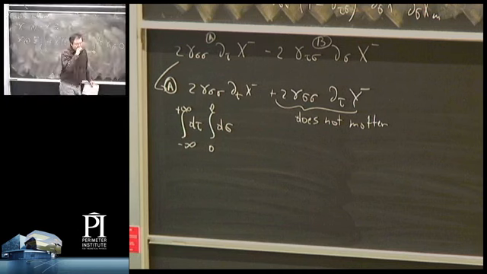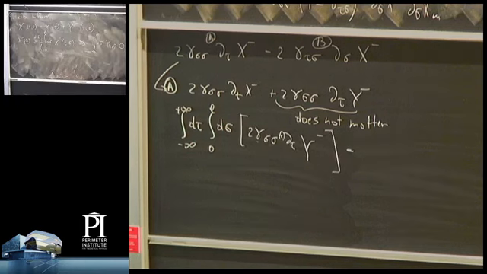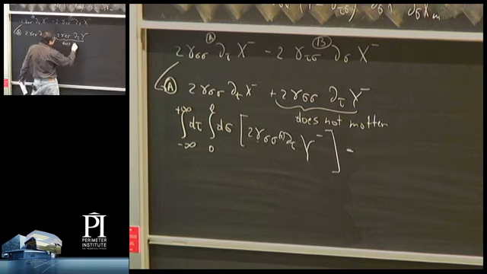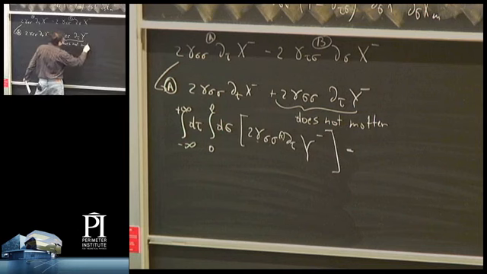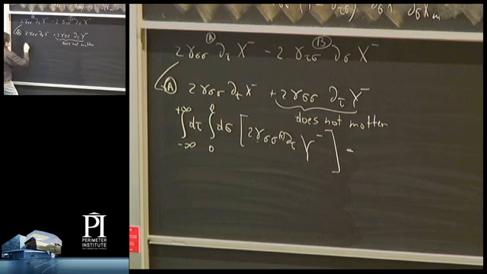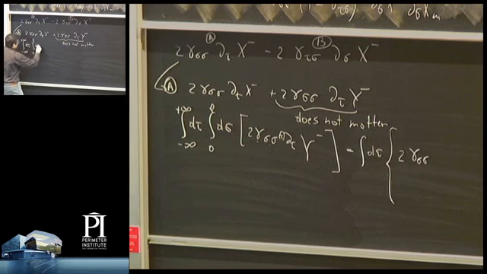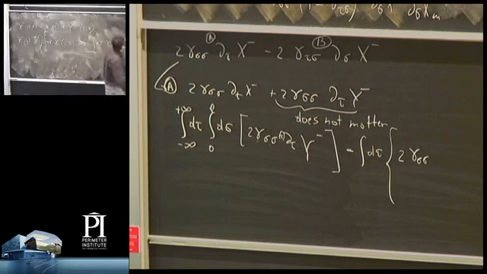I'm going to show you now that this term doesn't matter. Why doesn't this term matter? Remember that we have to integrate with respect to tau and sigma whatever pieces I'm writing down.